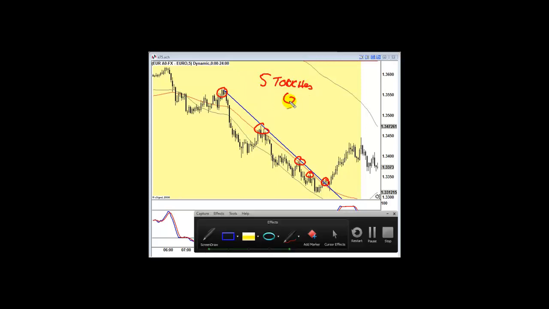Often the 5th touch breaks. So we need at least 3 minimum, but often on the 5th one, once you get beyond 3, we get a nice break. So we've got the 5 touches. We've really got a beautiful trend line at about 45 degrees.